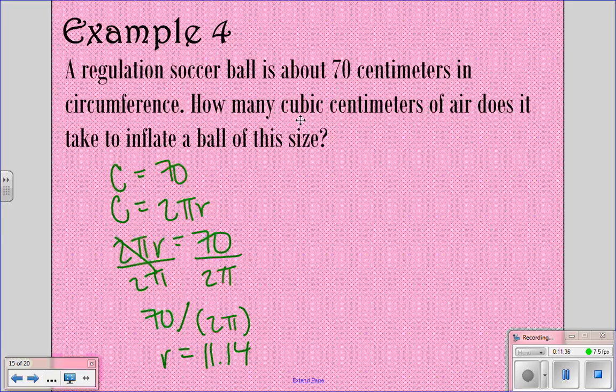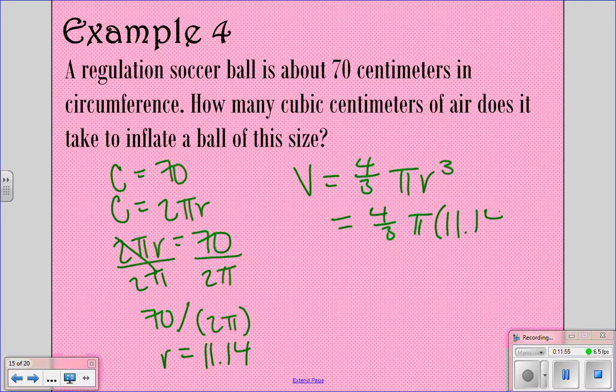But then it asks how many cubic centimeters does it take to inflate it. So that's dealing with the volume. And so we're going to do our volume formula, 4/3 pi r cubed, and then we're going to plug in our r. And so we have 11.14. And we're going to cube that.